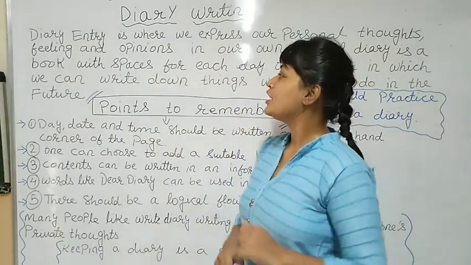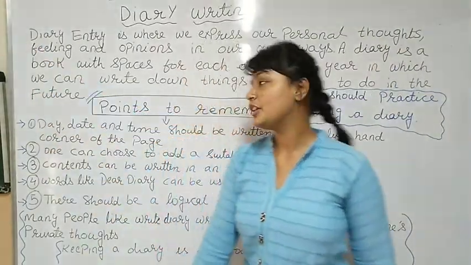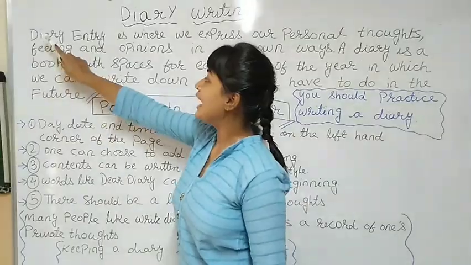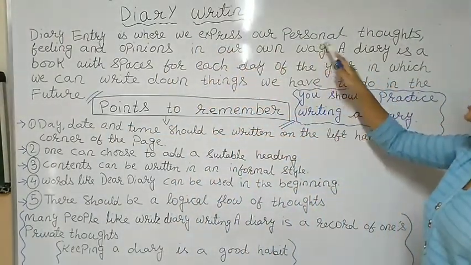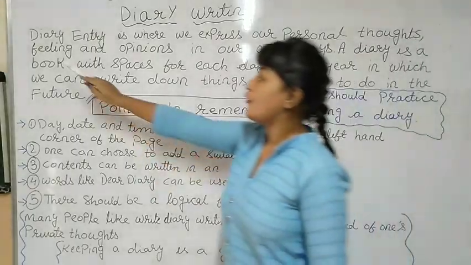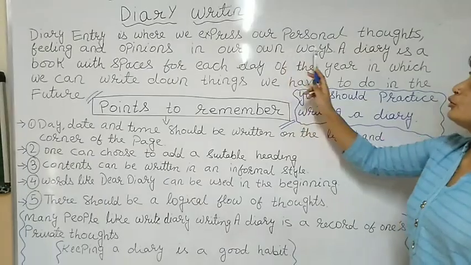Come with me. So students, we would like to start from over here. Okay? So let's see. A diary entry is where we express our personal thoughts, feelings and opinions in our own ways.